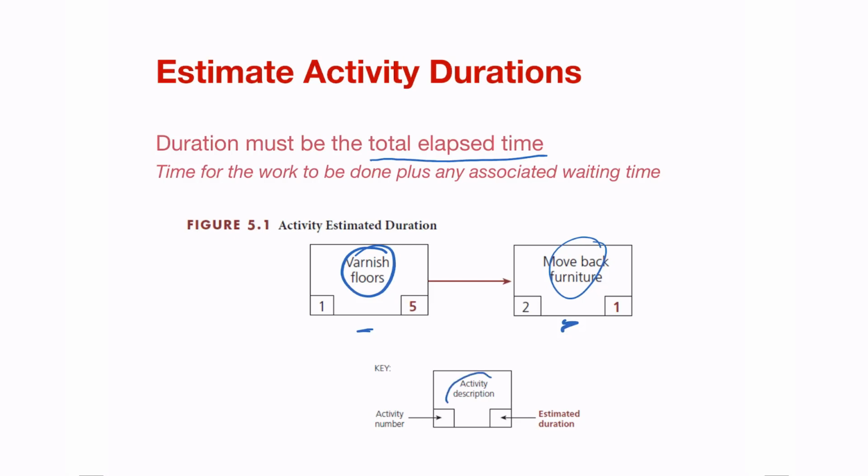The activity would be described, in this case, varnish floors and move back furniture. The activity number is allocated in the bottom left-hand corner, and the estimated duration of how long the activity would take is in the bottom right-hand corner. So in this case, activity number 1 will take 5 days or 5 hours, and activity number 2 will take maybe 1 hour to complete.